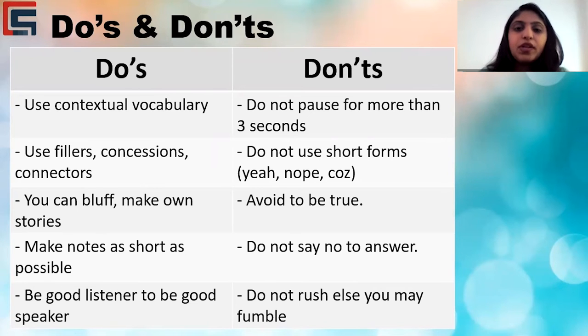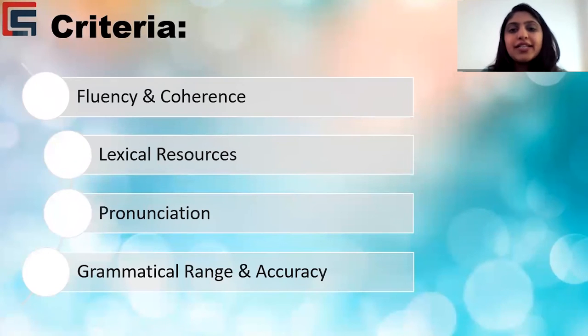Moving on towards the criteria, as I said, these are the basic 4 criteria based on which you will be judged, on how fluent you are. Being fluent, you need to follow the pattern, that is coherence. You need to be in flow. If they are asking you the question, may I know your name? Where are you from?